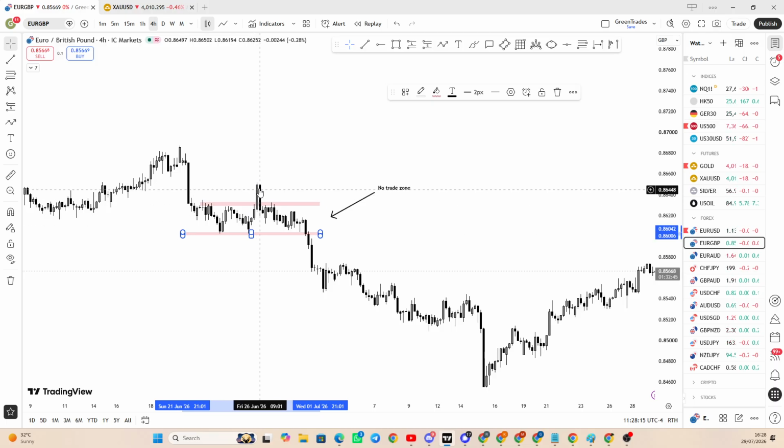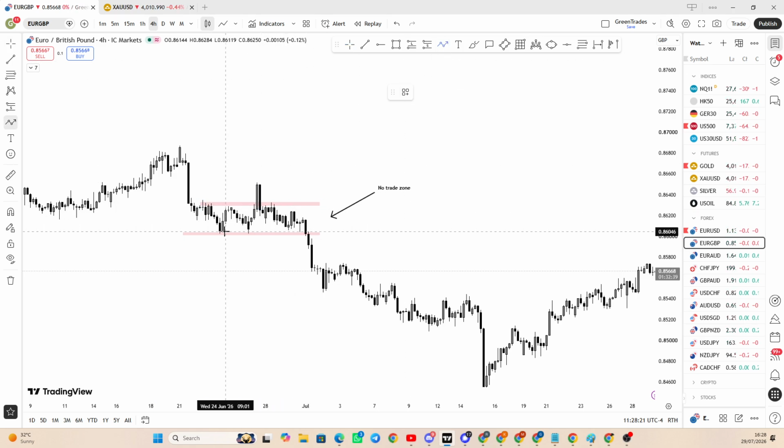This was supposed to be the correction, and remember, the correction is not supposed to break there. This is an indication that the market wants to go up.